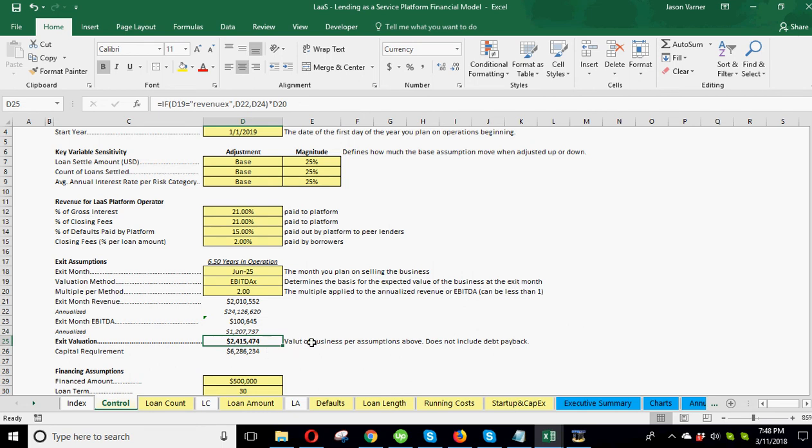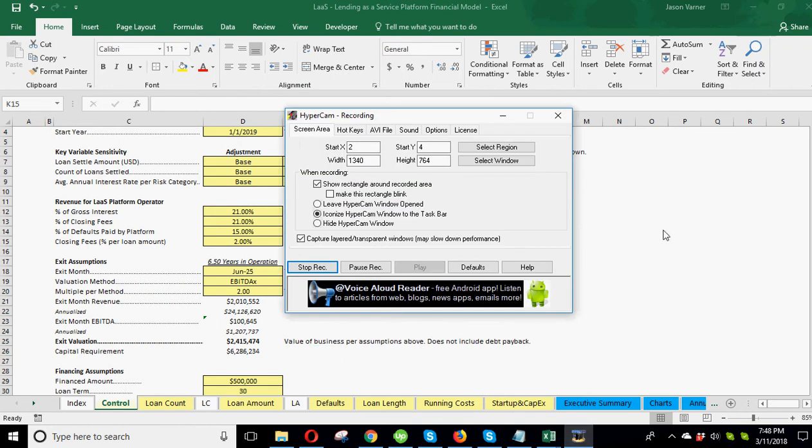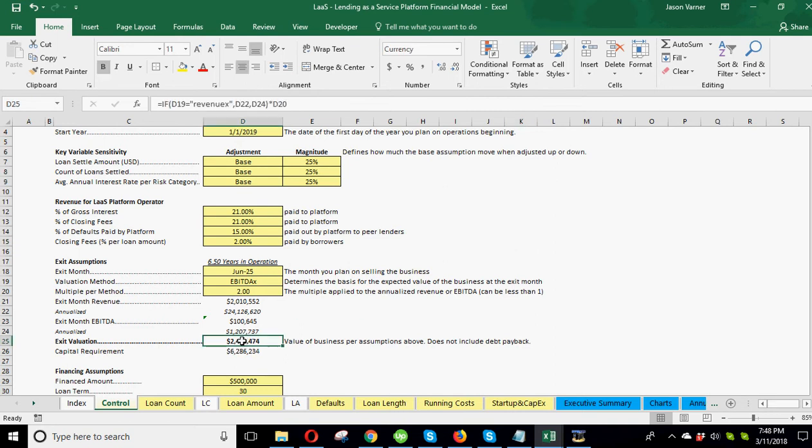Note that does not take into account the payback of the debt, which we'll see more on the executive summary. You can see the exit value is 2 times if we're choosing EBITDA, annualized amounts 1.2.